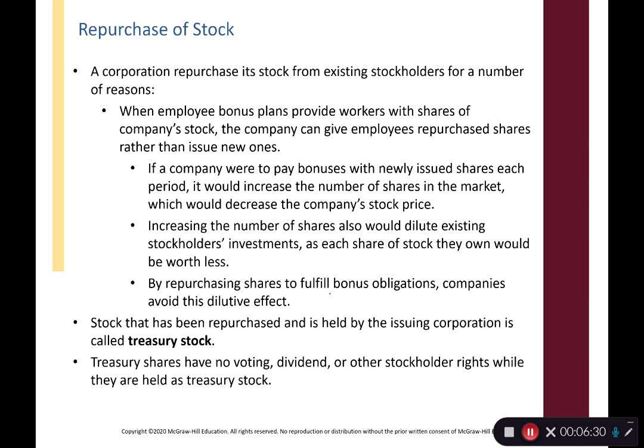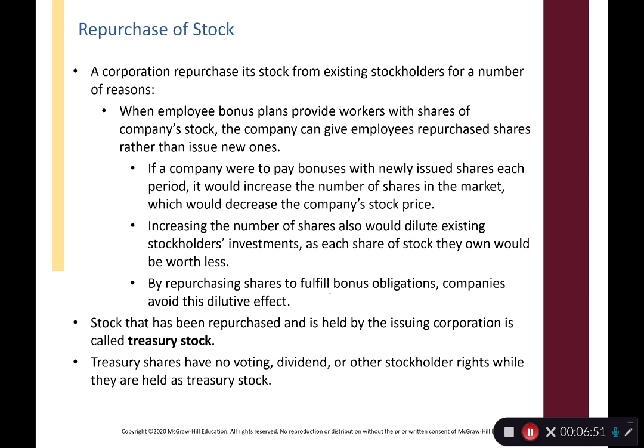And in fact, it wouldn't be allowed, because one of the benefits of owning stock is that you have the right of preemption, which means that anytime new stock is issued, the current shareholders have first dibs, meaning they can buy it before any new shareholders do if they want to.